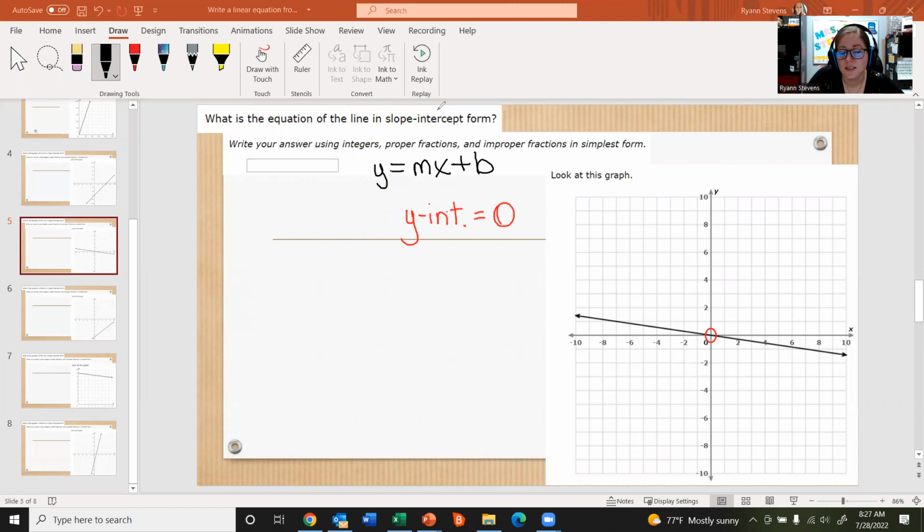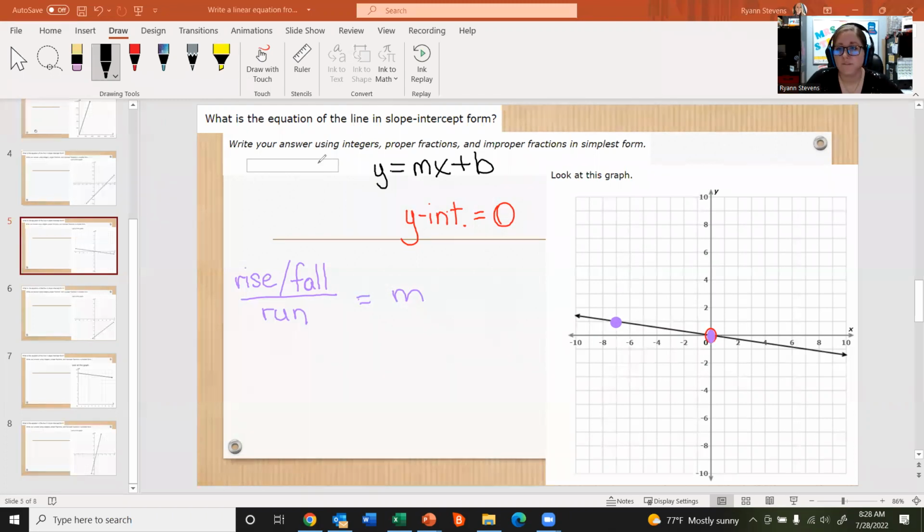Then I want to decide what my slope is. We're looking at our rise, or our fall, over our run. We could pick out a couple of points: this one where it crosses, and we could use the origin as well.